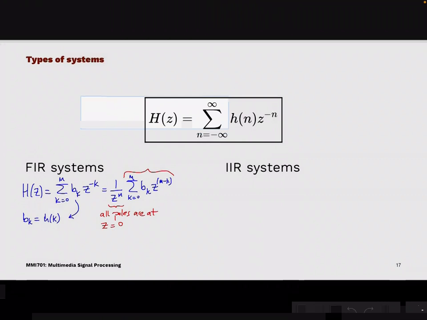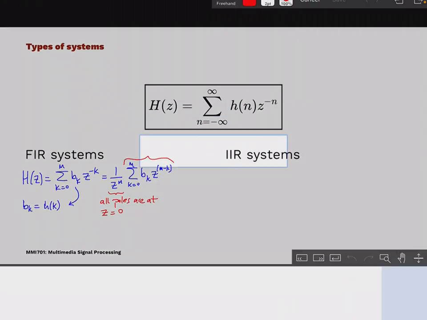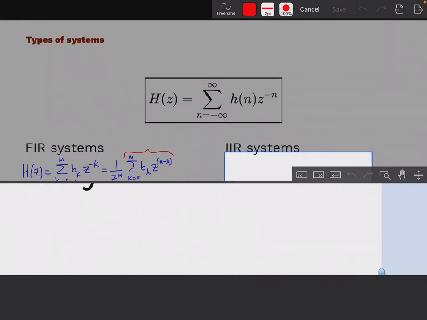All right, so IIR systems, infinite impulse response systems. There are different types of these, but we're just going to give a single example.